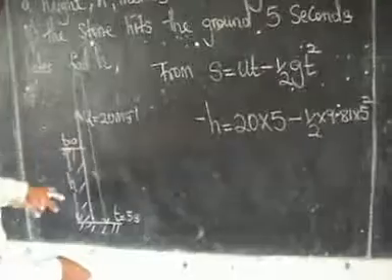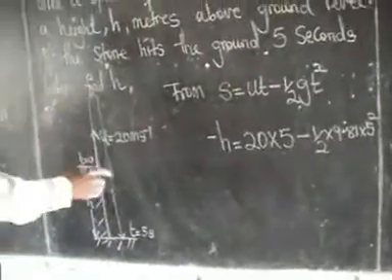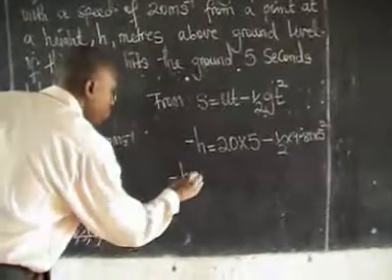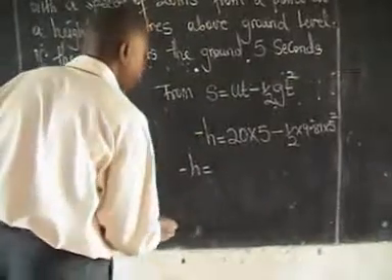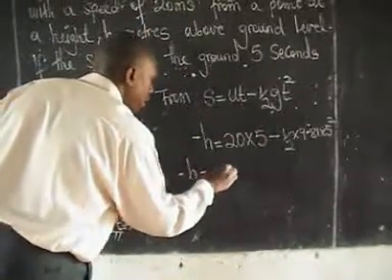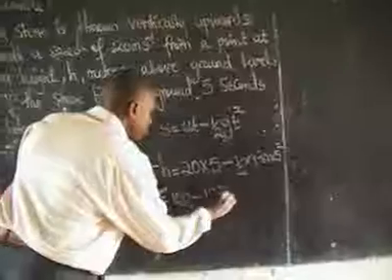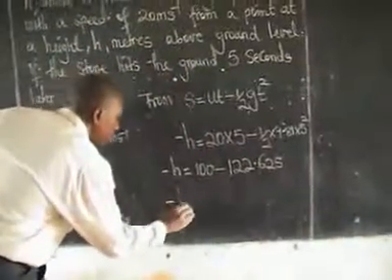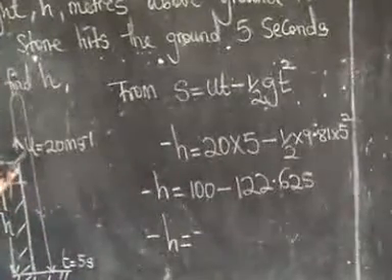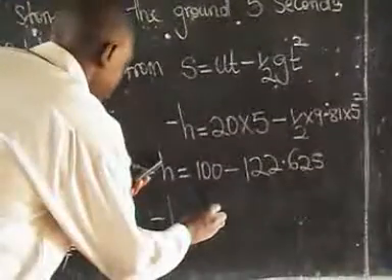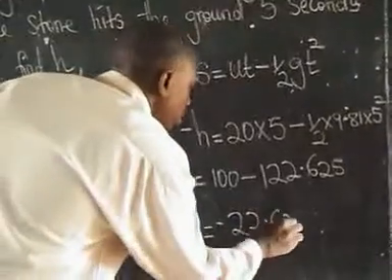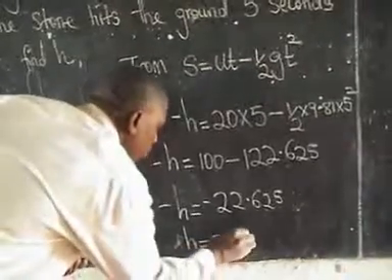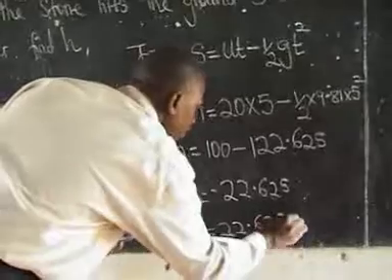So you don't have to split this to first find when the body reaches up. Just by putting this negative h, the equation will be able to do everything for you. So 20 times 5, that is 100 minus 122.625. So your negative h is equal to negative 22.625, implying that now my h is 22.625 meters.